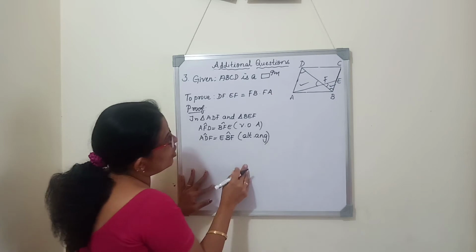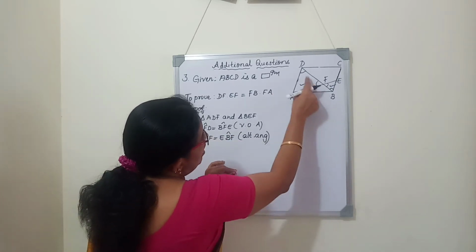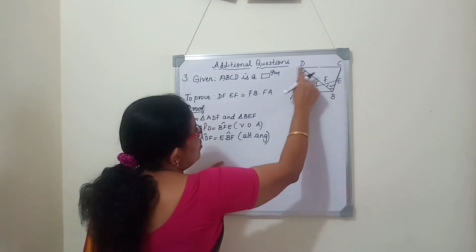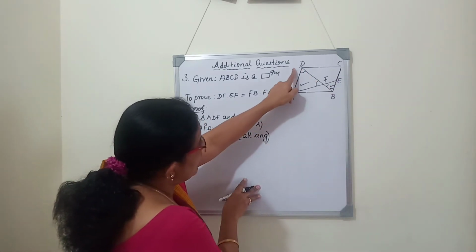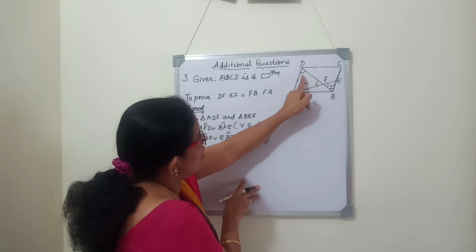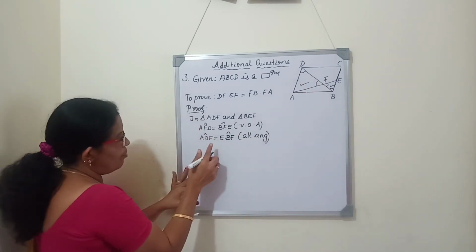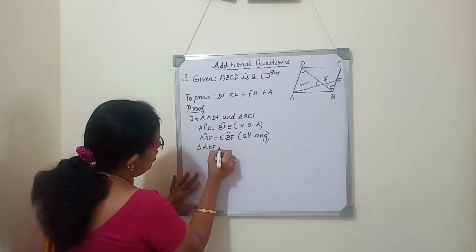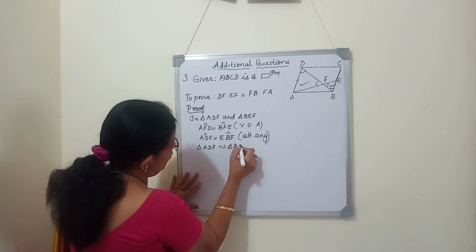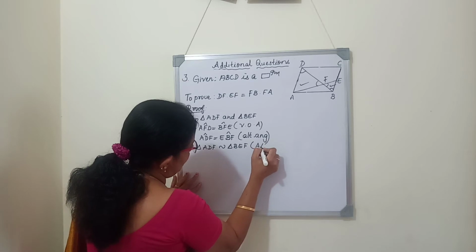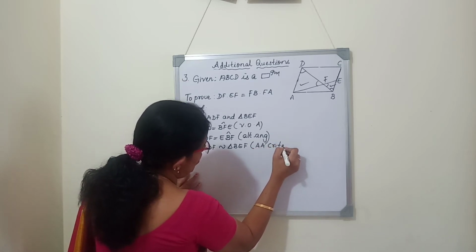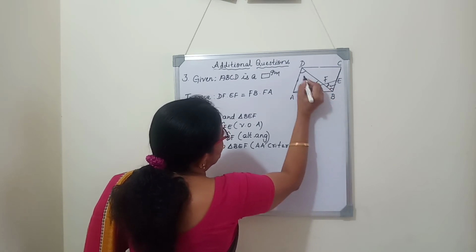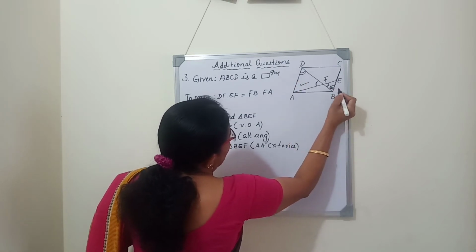Only one pair of alternate angles we can take. The other side we cannot take because there it is not the transversal. So two angles are equal. Therefore, triangle ADF is similar to triangle BEF by AA criteria. One equal angle is the vertically opposite angle, the other is the alternate angle.